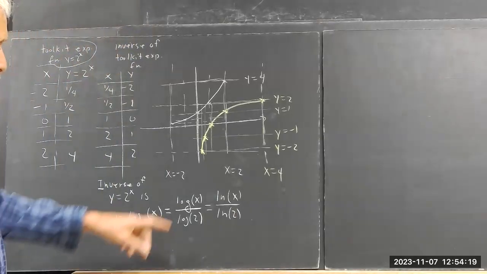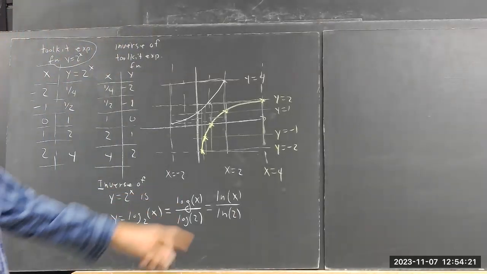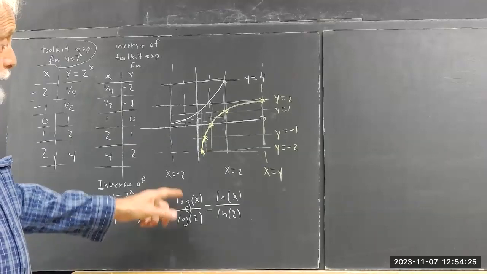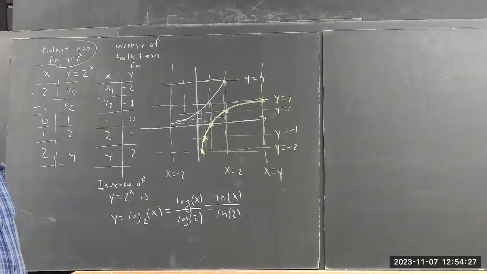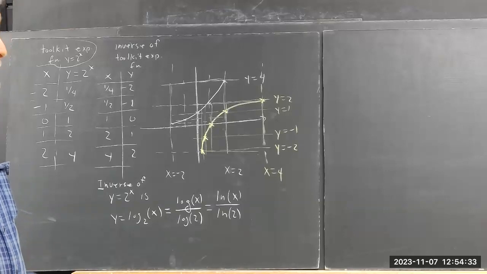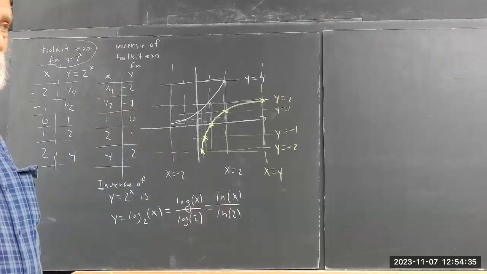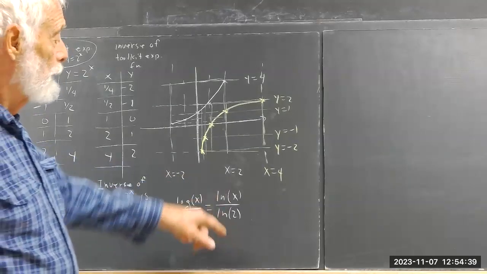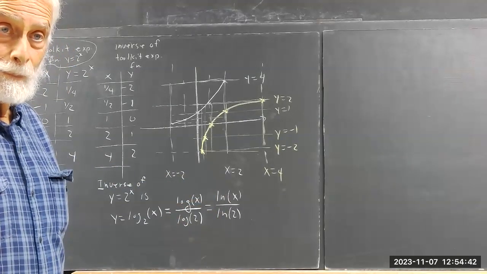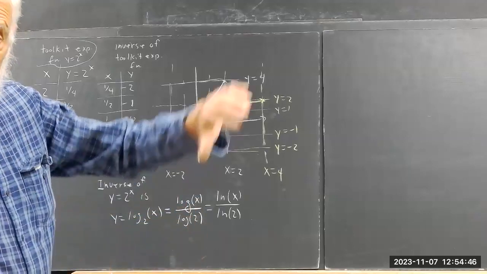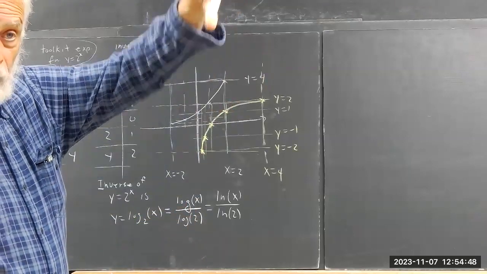Now, at this point, you don't know what log means. You don't know what ln means. Okay, log is pretty much impractical to graph. It gets way steep, way quick. Natural log is fairly easy to graph. It's not much different than the 2 to the x. It's between the graph of 2 to the x and the graph of 3 to the x.